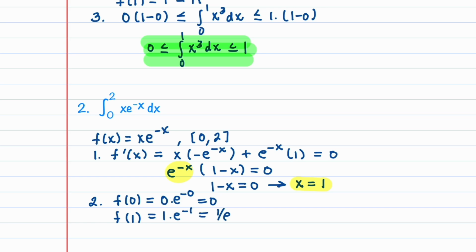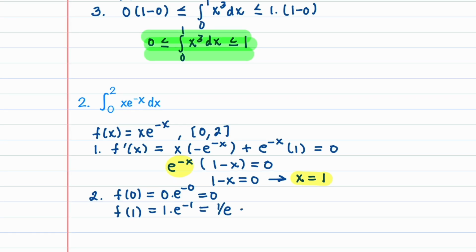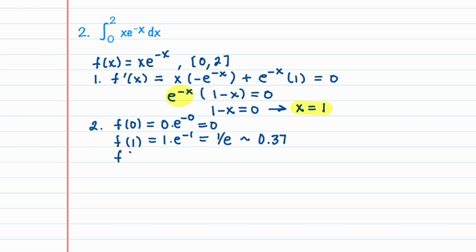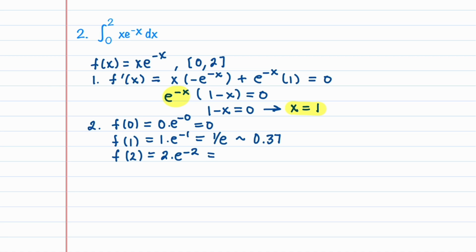This is 1 over e, and this is approximately 0.37. And then f at 2 is 2 times e to the minus 2. And this is 2 over e squared, which is approximately 0.27.